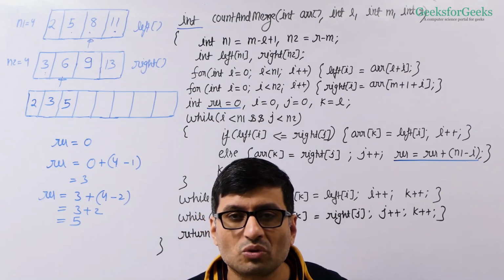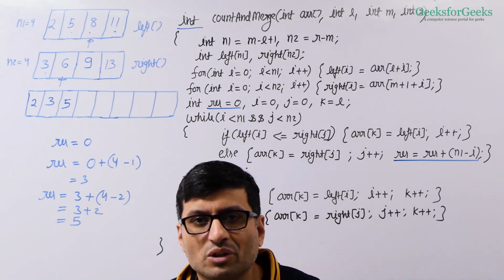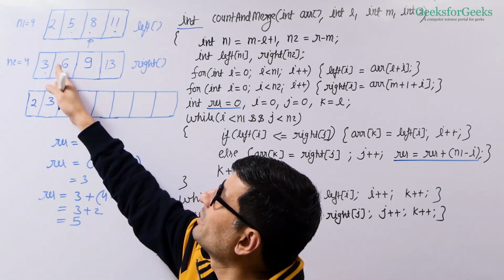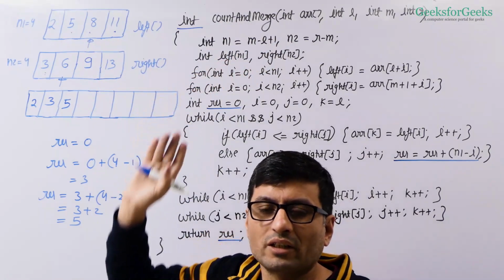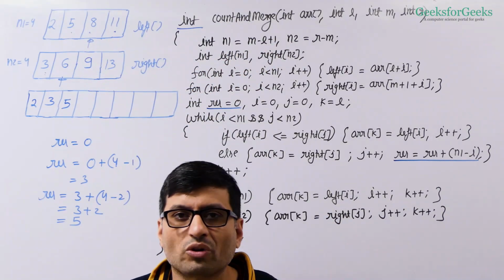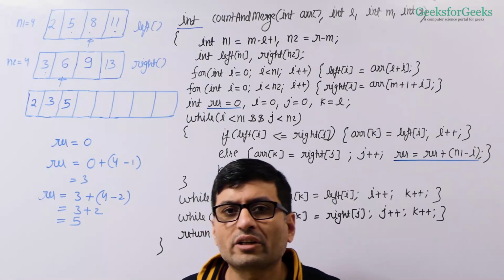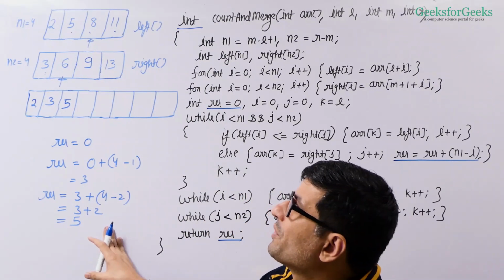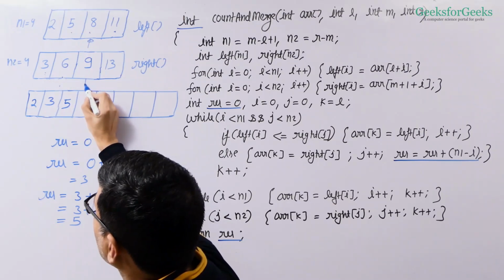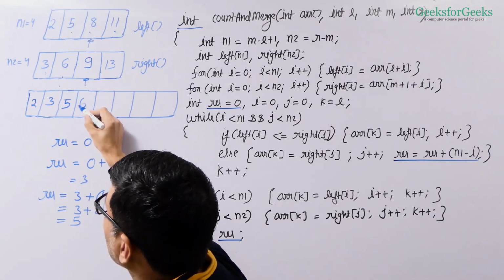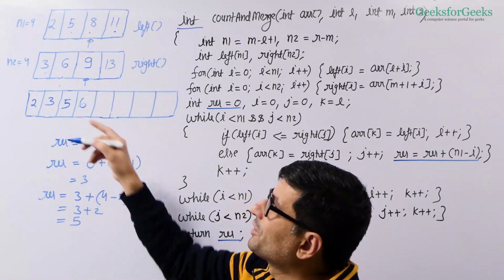And in one go, you might count hundreds of inversions, because if this element is smaller, this is going to form an inversion with all the other elements in the left array. That's the advantage we are getting with the sorted arrays. Please note that with inversion count increment, we must also move this j here. J must move here, and we must copy 6 here at this particular position in the array.